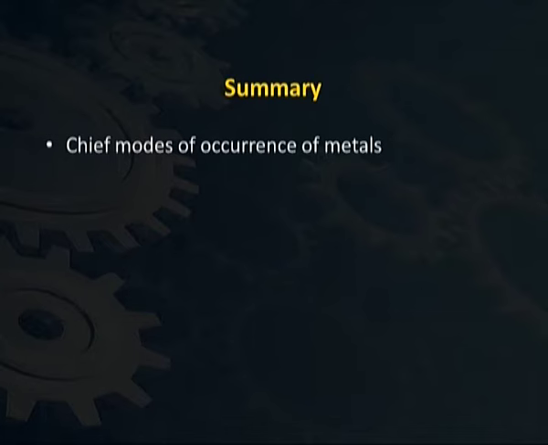So finally, we summarize what we have looked at in this session. We have looked at the chief modes of occurrence of metals, how some of them are freely available in nature and others are locked into compounds, and this we could distinguish based on the reactivity series.